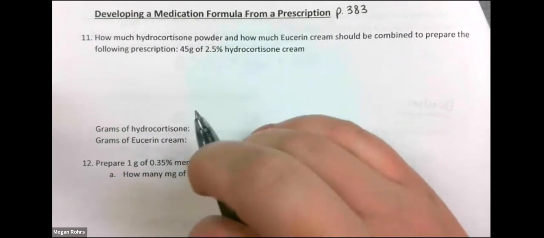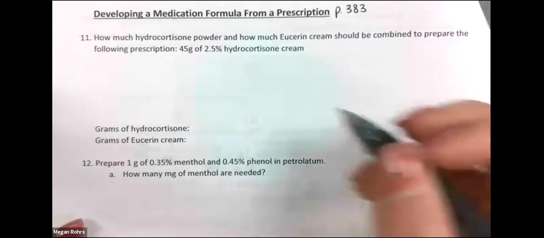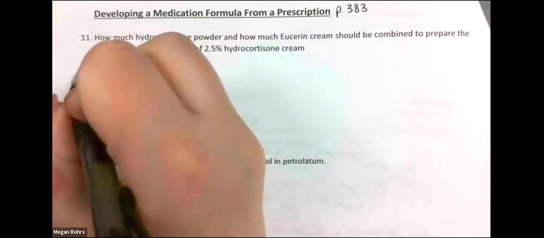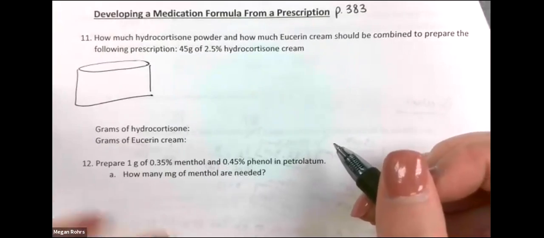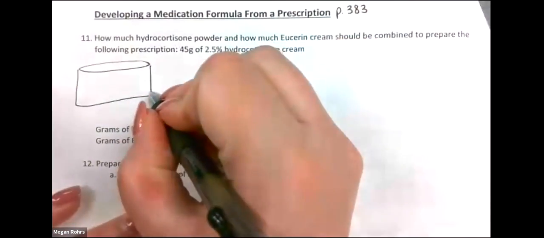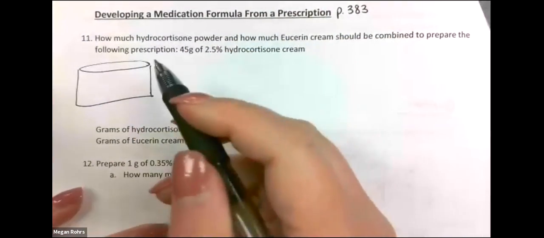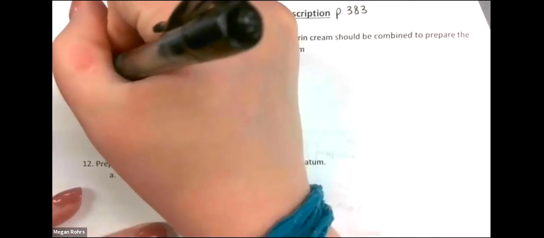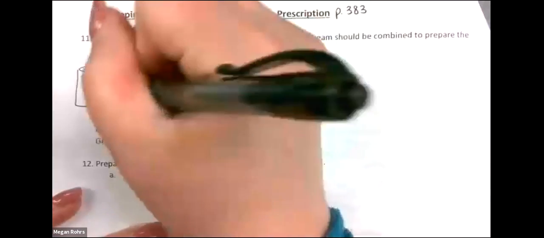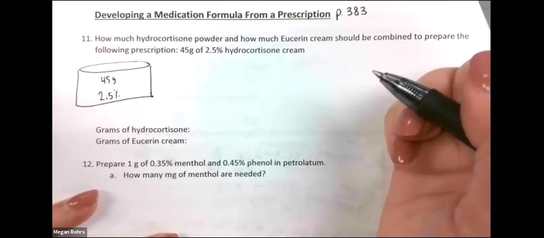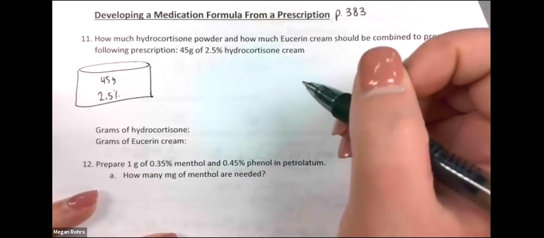Okay, so let's think about what we're doing here. Our final product is 45 grams of a 2.5% cream.